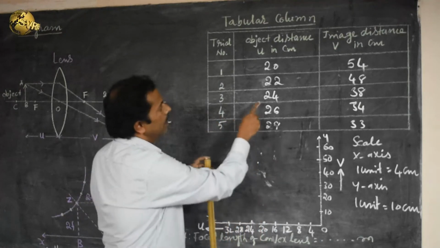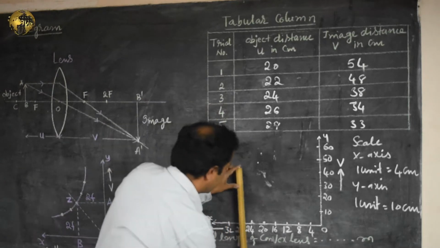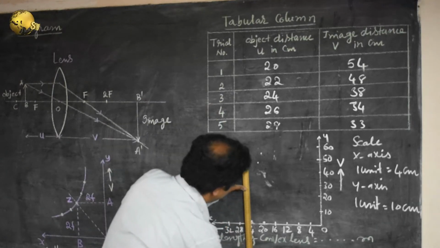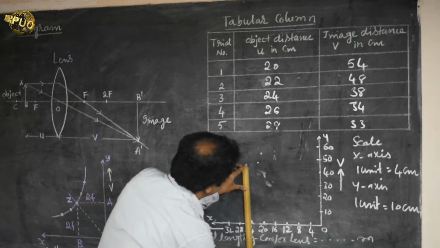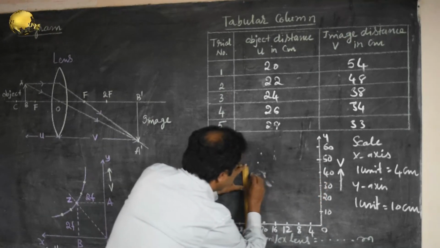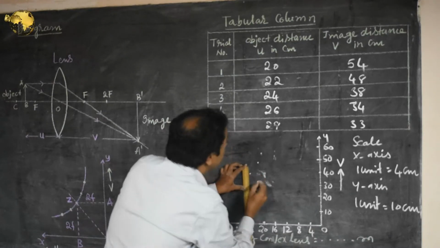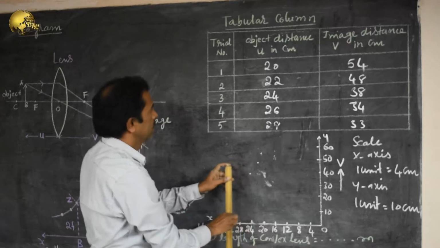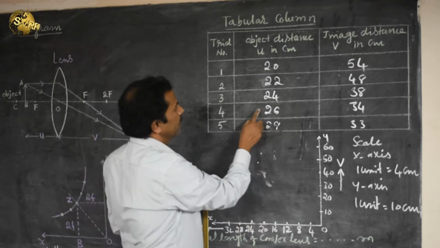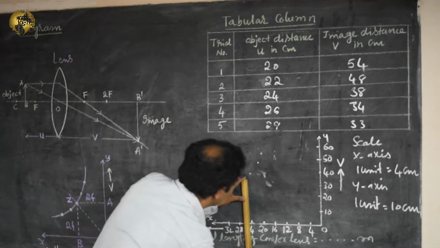In the third reading, the object distance is 24 and the image distance is 38. In the fourth reading, the object distance is 26 and the image distance is 34.